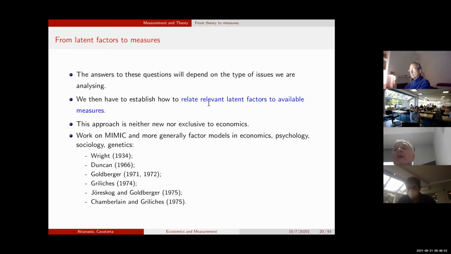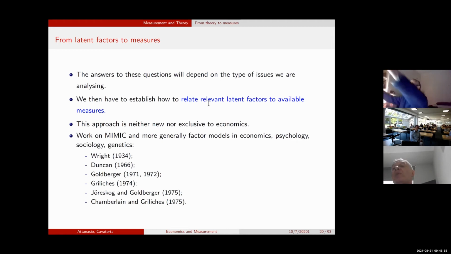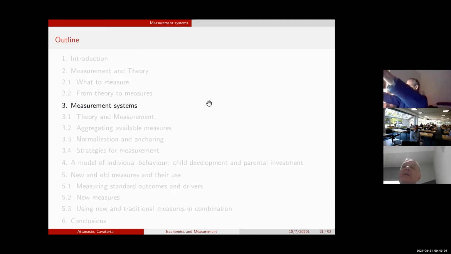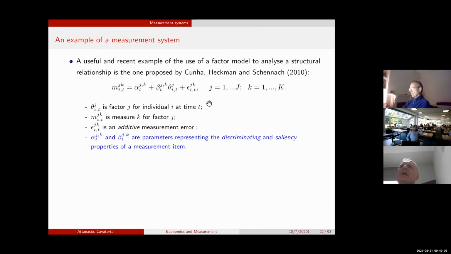And as economists, I think there are important discussions to be had, and there are important advances that can be made in promoting measures. The measurement system is something that, as we said, maps the latent factors, the theta, to the measures.